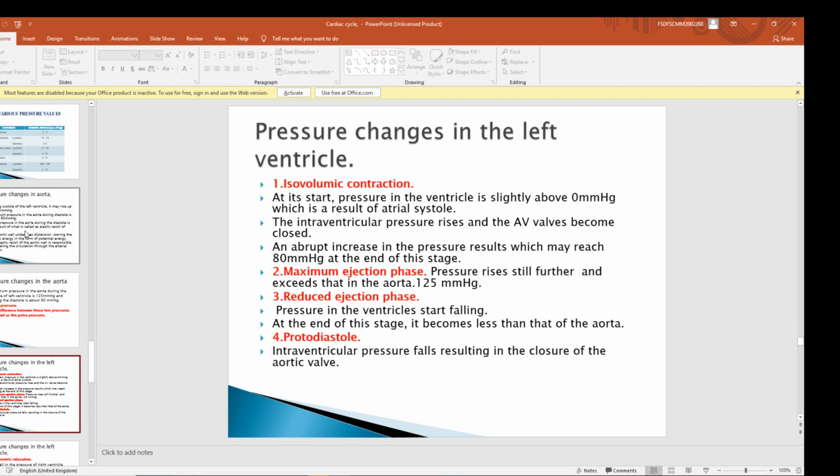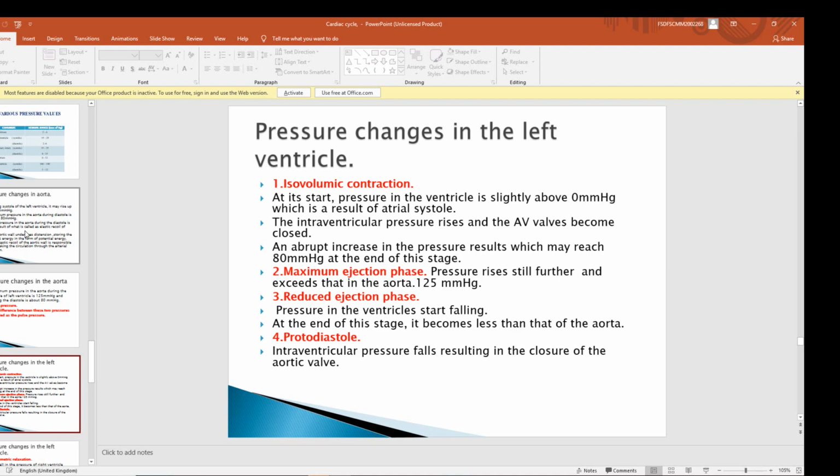Now we should know about the pressure changes in the left ventricle. We have isovolumic contraction, maximum ejection, reduced ejection, and protodiastole. In isovolumic contraction, at its start, the pressure in the ventricle is slightly above 0 millimeters of mercury, a result of atrial systole.